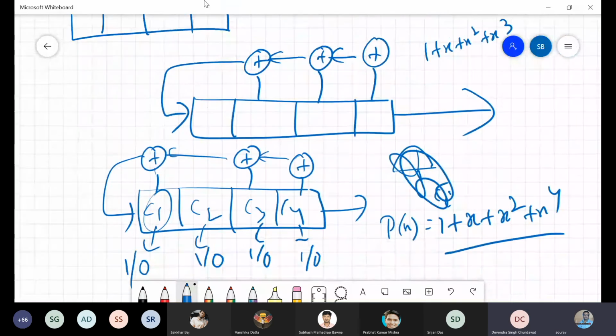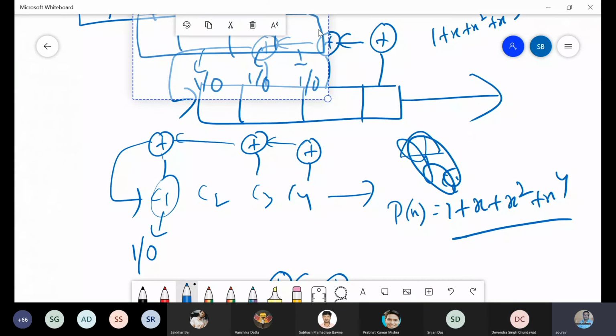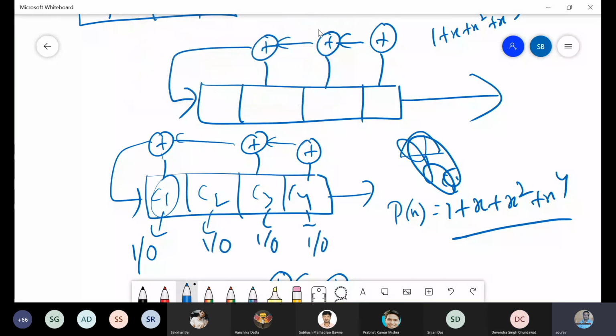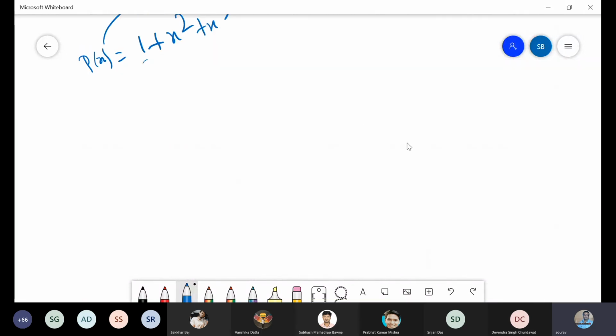Yeah, the formula is basically this. Let me explain.